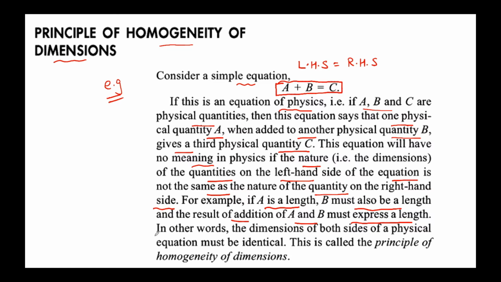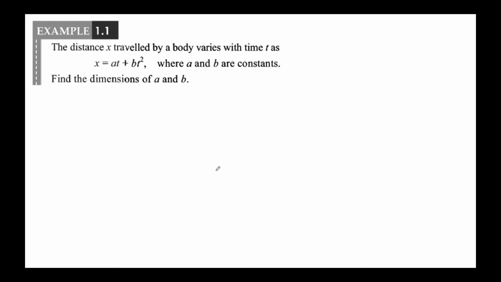In other words, the dimensions of both sides of a physical equation must be the same. This is called the principle of homogeneity of dimensions, and using this principle we can convert one system of unit to another system of unit, or we can derive the dimensions of any given equation. So let us do some numerical problems related to this.